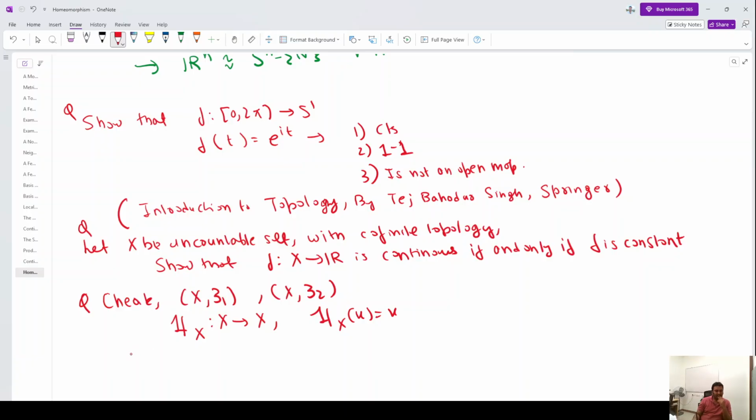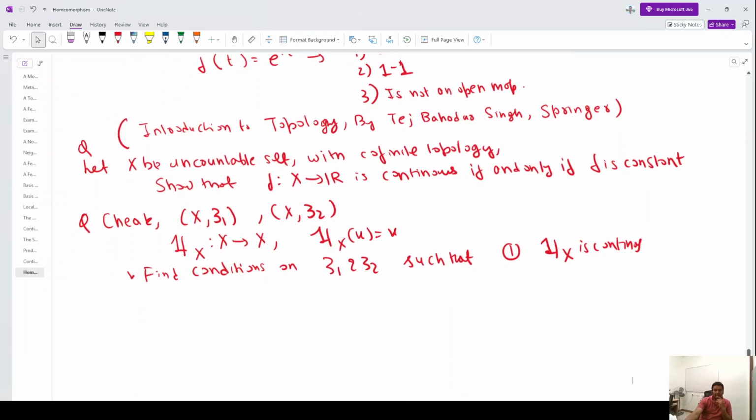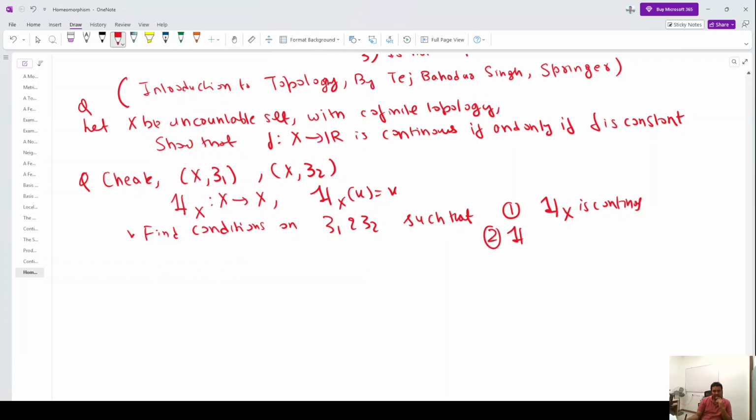So find conditions on tau 1 and tau 2 such that number 1, the identity is continuous, and number 2, the identity map is a homeomorphism. So your misconception always is not true. Identity map need not be continuous. I may have given this example earlier.